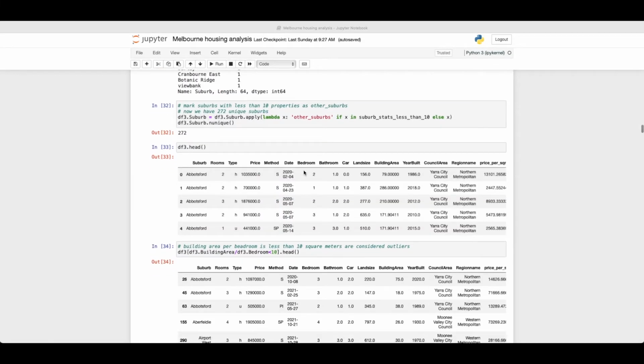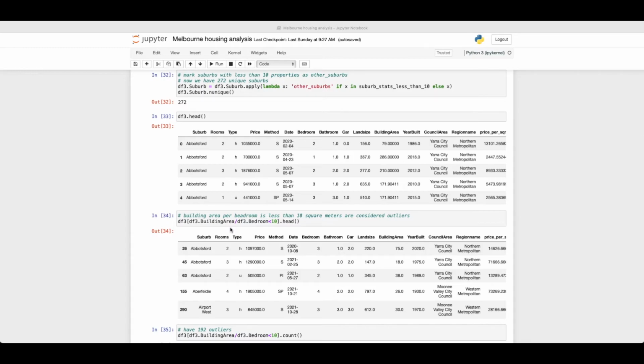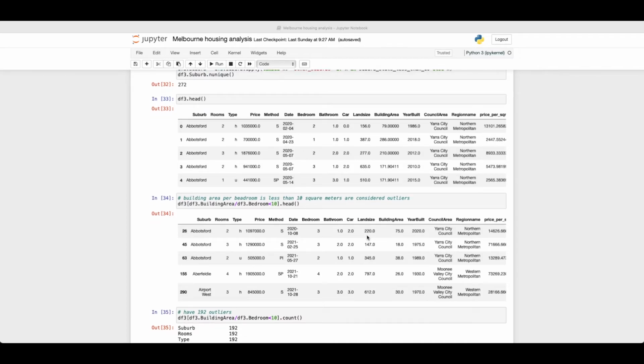Moving on, I keep looking for the outliers. So basically, I want to see the areas per bedroom. I calculated the building areas divided by the number of bedrooms. And I noticed there's some bedroom areas have less than 10 square meters, which is not normal at all. I've never seen a bedroom smaller than 10 square meters.